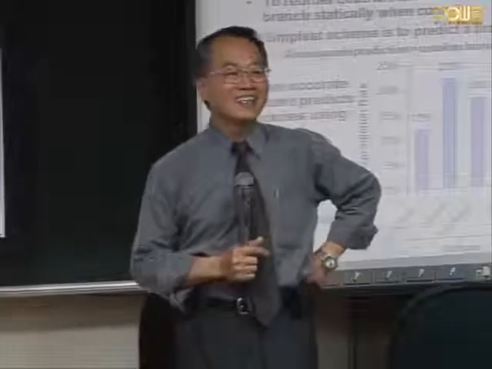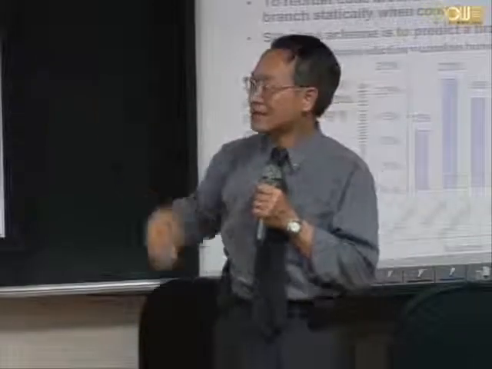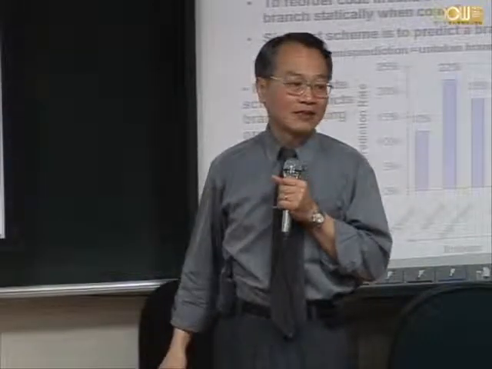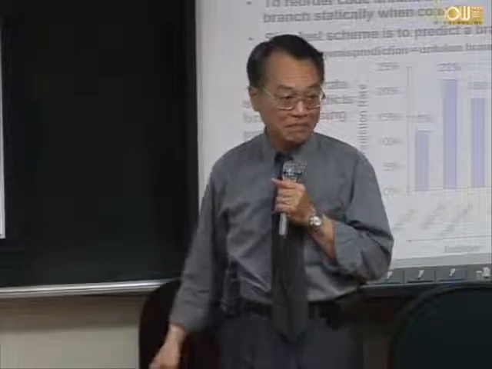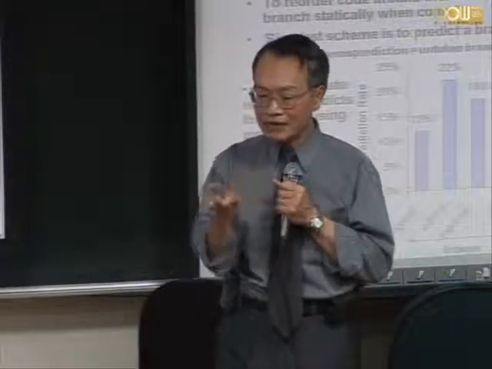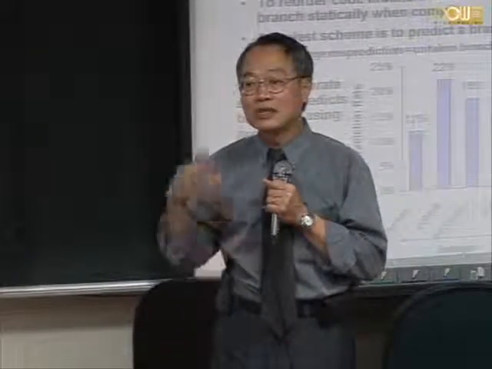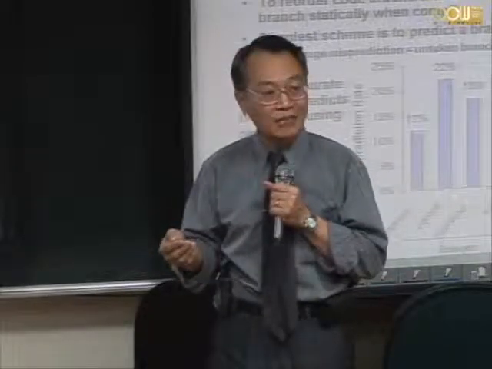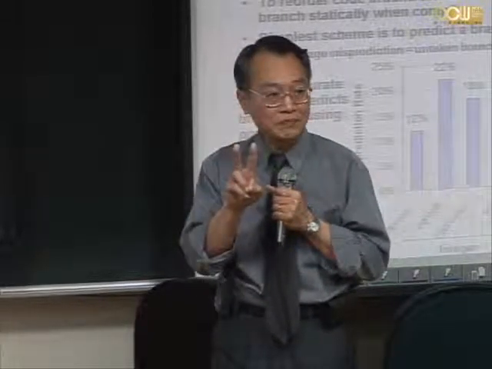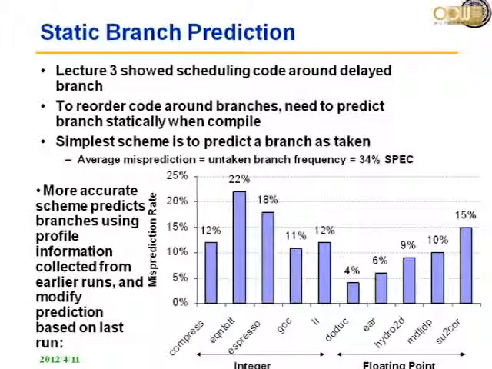If it's the compiler, then you need to have a big trace file showing what this branch did last time when I benchmarked it. Or if it's hardware, then every time you encounter this branch, you update your record saying it used to be like this. Both are possible. So don't think this profiling is only useful for static analysis. It can be dynamic.